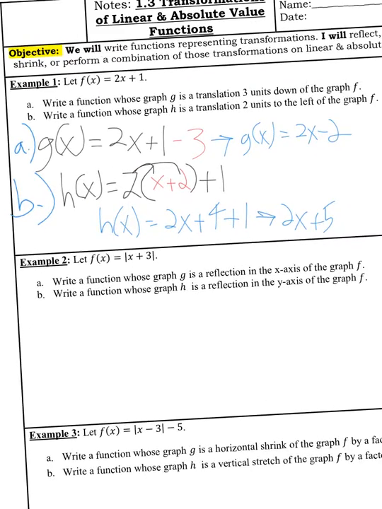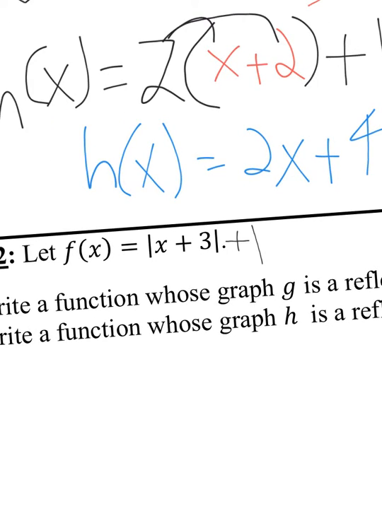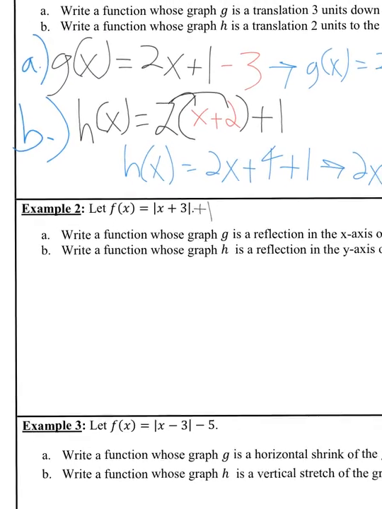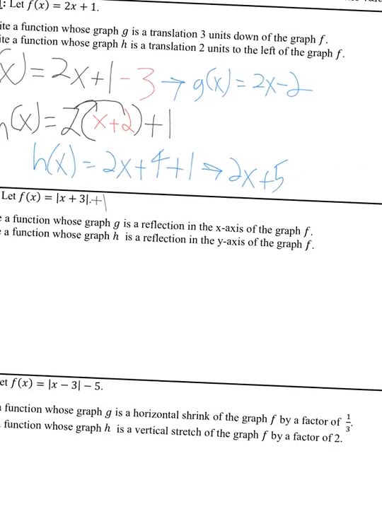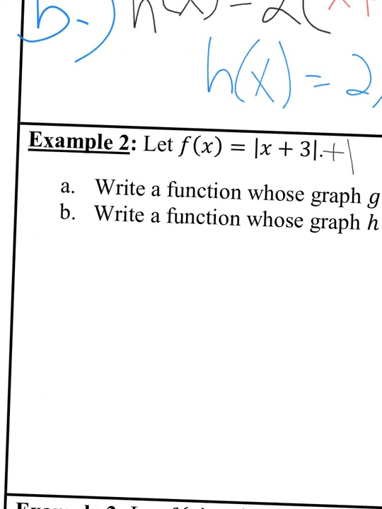So example 2, you have the absolute value of x plus 3, and I meant to tack on a plus 1 right there, so it should say absolute value of x plus 3, and then plus 1 on the outside. So we're going to reflect in the x-axis for our g of x, and then our h of x will reflect in the y-axis. So reflecting in the x-axis means you have a negative on the outside.